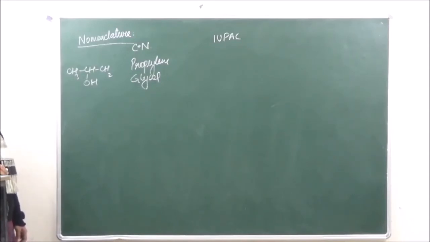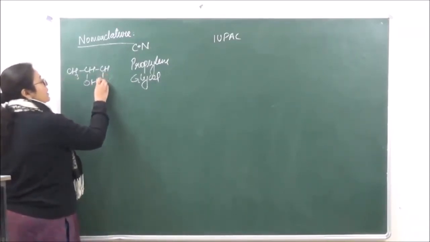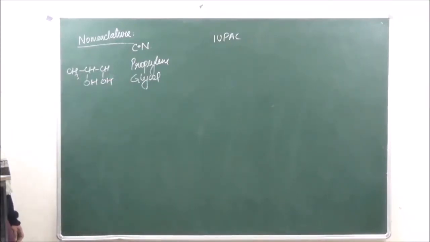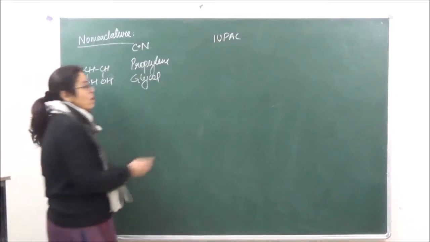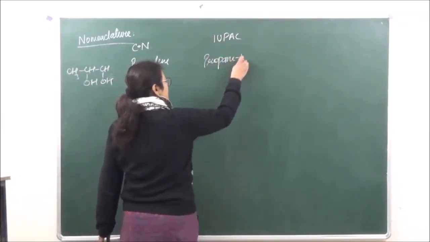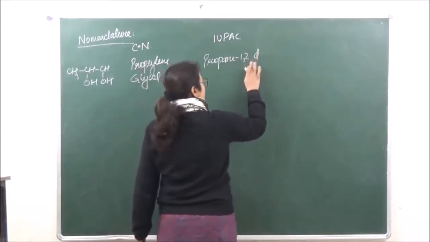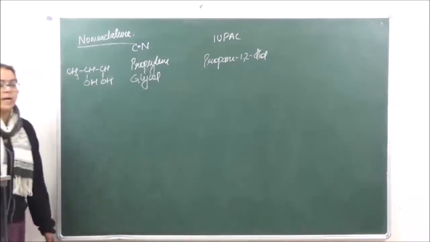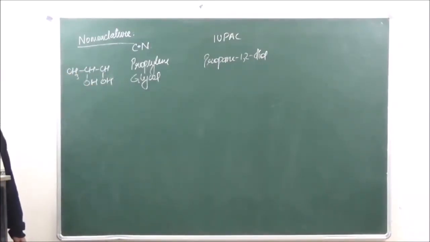And if you're looking at the IUPAC name, sorry, here also there will be an OH. If you're looking at the IUPAC name over here, this is going to be known as propane 1,2-diol. Propane 1,2-diol. Okay?